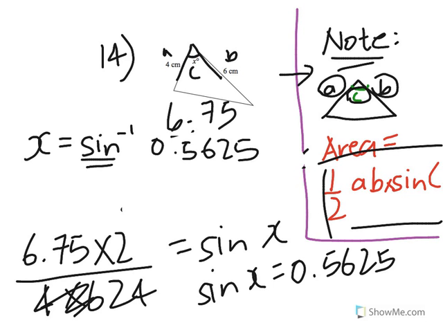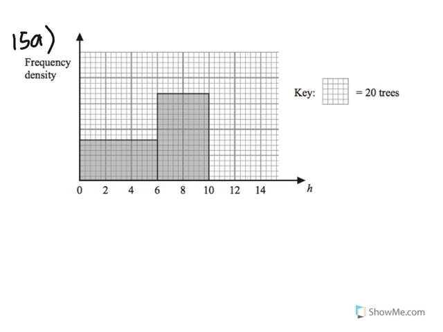So x equals sine inverse of 0.5625, and you're going to get x as 34.22888, and so on, but they want it in one decimal place, so x is equal to 34.2 degrees.